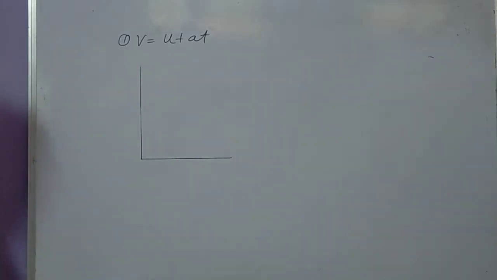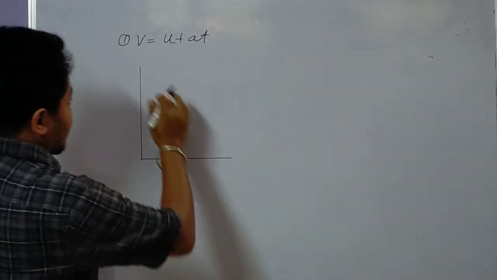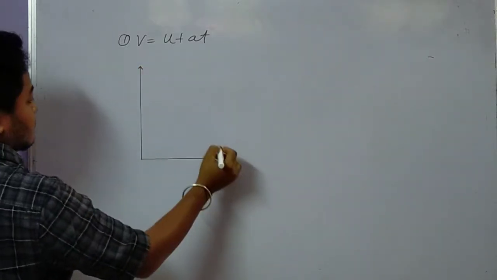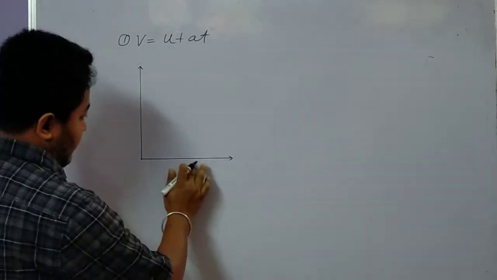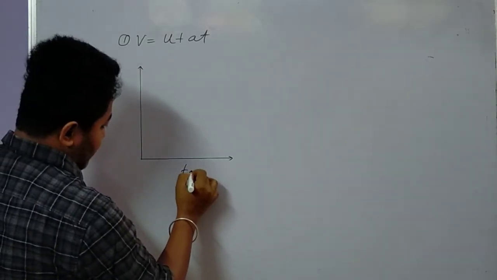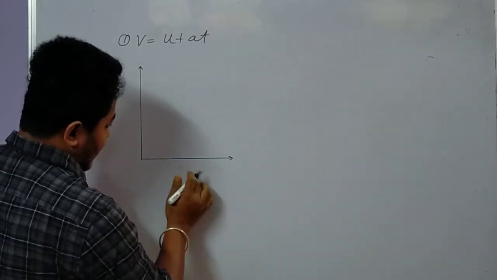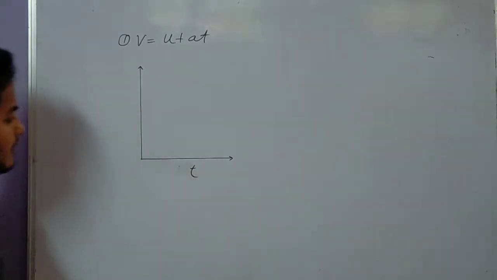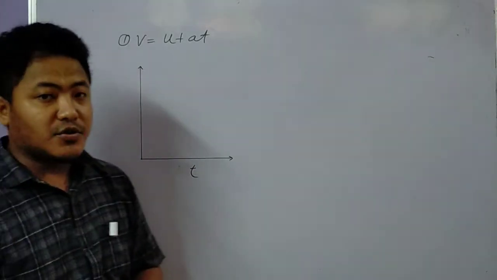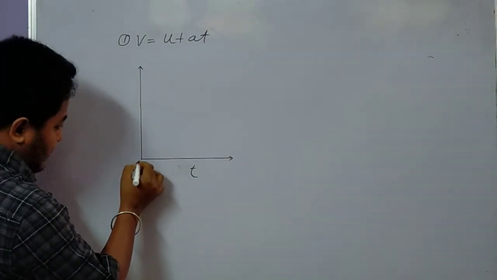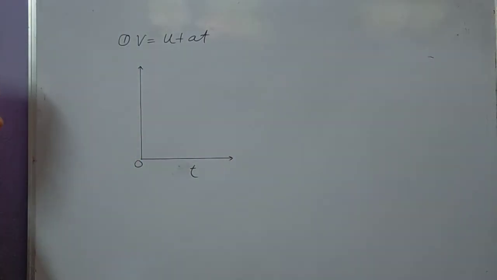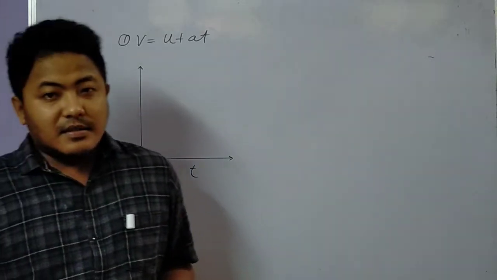Again, we are drawing. Understand? So suppose this is your time and this is your position. I'll write simply T for time, and on this side it will go as position. Understand? So in this case, I consider that this point is 0. Now what will be the first case?